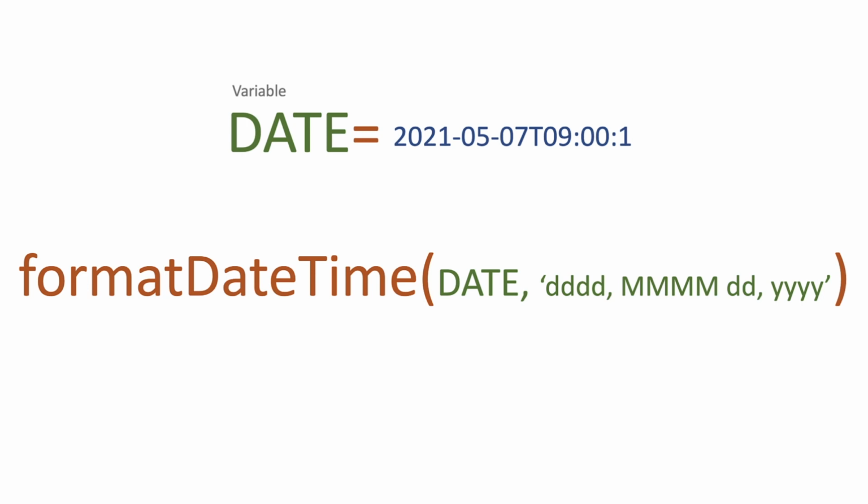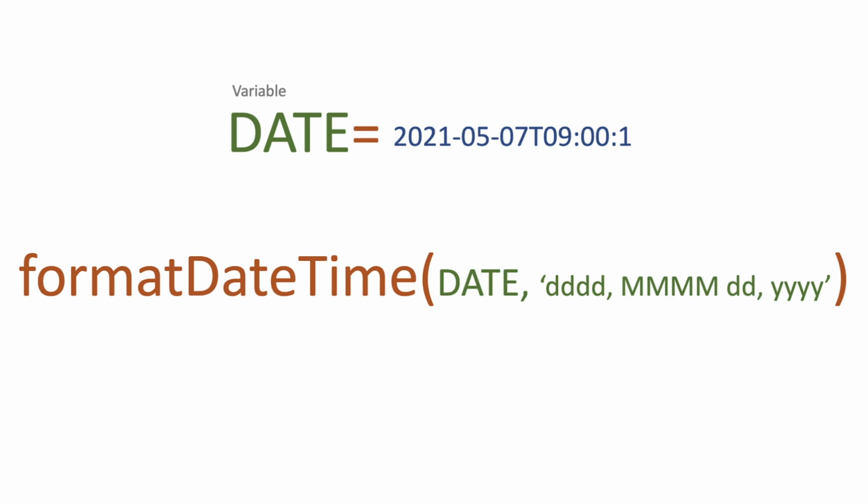So in this instance, what we're passing through is dddd, which represents the full name of the day, comma, capital M, capital M, capital M, capital M, which signifies the full month, space, dd, which signifies the number for the day, and also then we are passing through comma, space, yyyy, which is the full year.